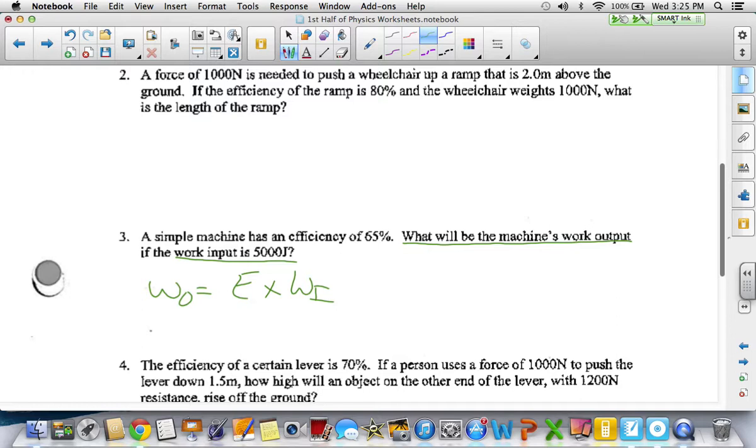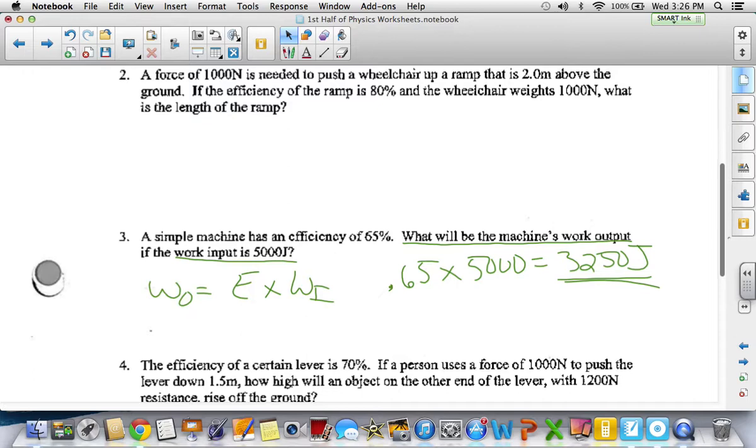With our efficiency of 65%, we change that to a decimal of 0.65 times the work input, which is 5,000. And 0.65 times 5,000 is 3,250 joules. There's your answer for that one.